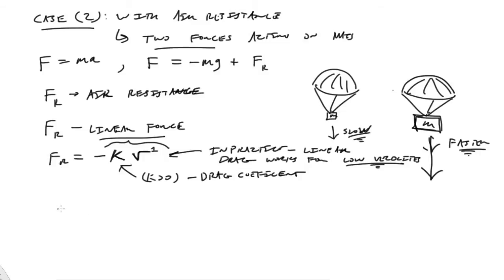So now let's write down our differential equation. Of course, it's going to be mv prime equals negative mg, that's our gravitational pull, and then in addition to that, now we have a negative kv. So this is an equation of forces, a force balance equation.